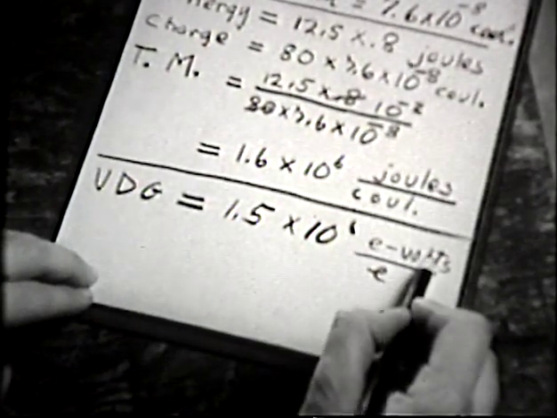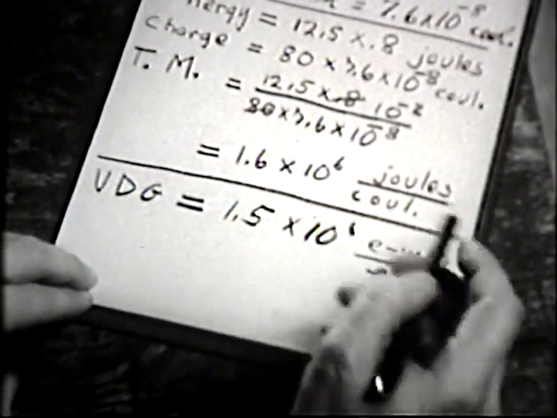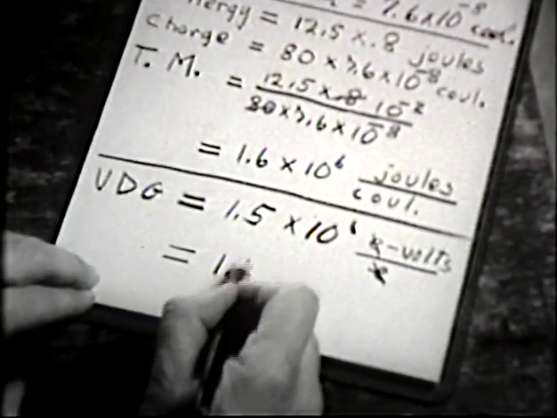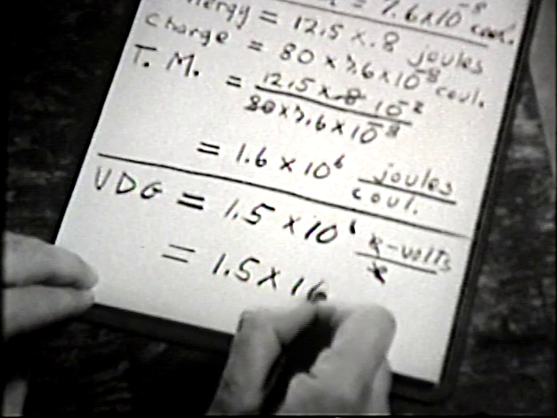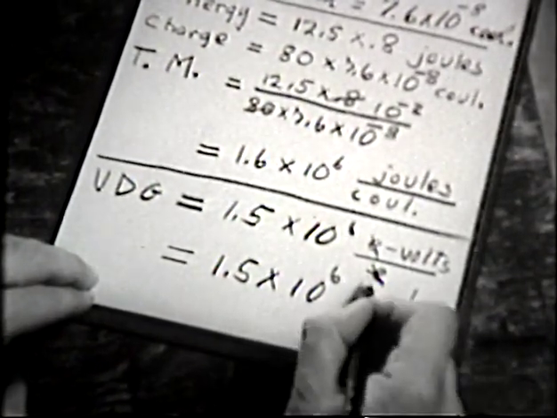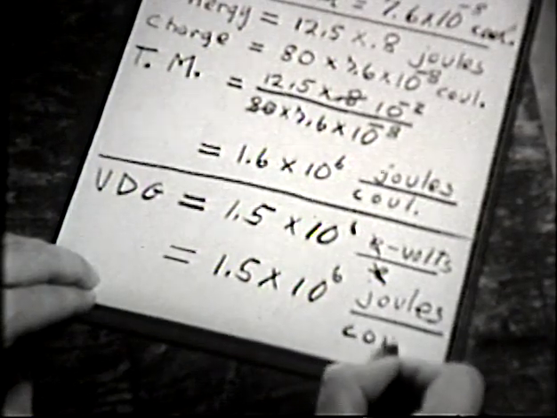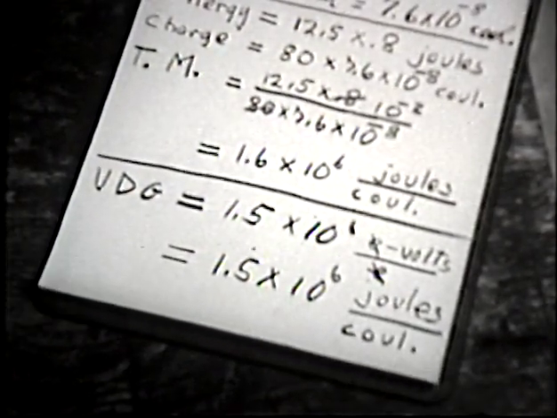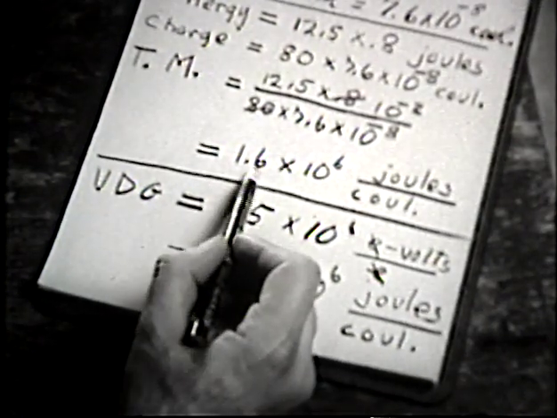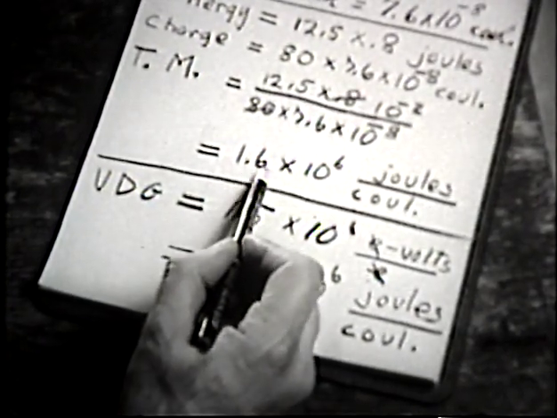Since 1 volt is the same as a joule per coulomb, this is the same as 1.5 times 10 to the 6th joules per coulomb. And as close as we can measure, agrees with our direct thermal measurement.